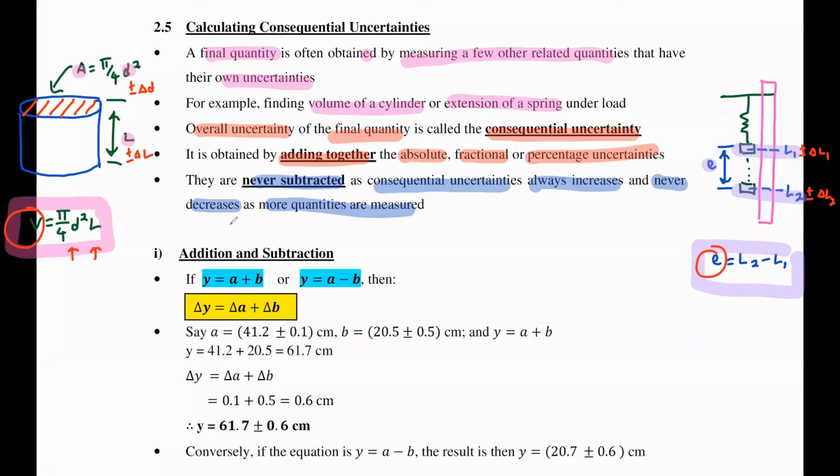To find consequential uncertainty, it is important to recognize the form of equation that the final quantity is in. Take, for example, we want to find the consequential uncertainty of y.